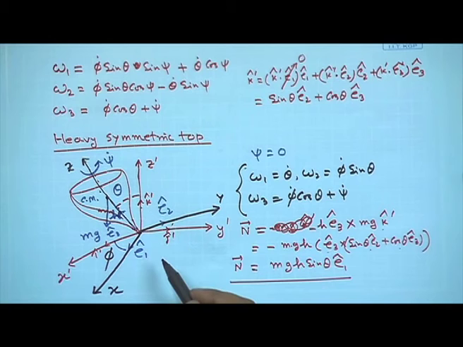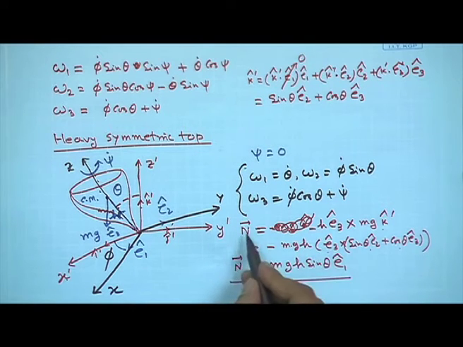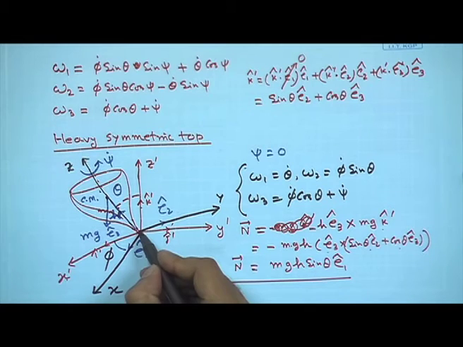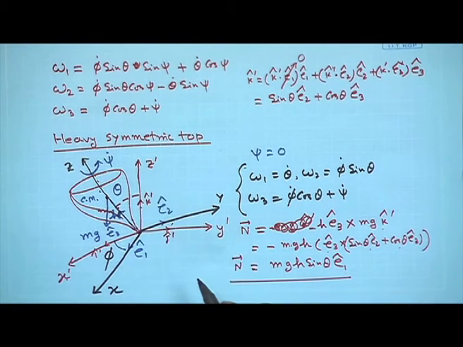If we look at it from the space set of axis, please try to understand x prime, y prime, z prime. As n is equal to something cross k prime, the torque, wherever it is, cannot be along the z prime axis.